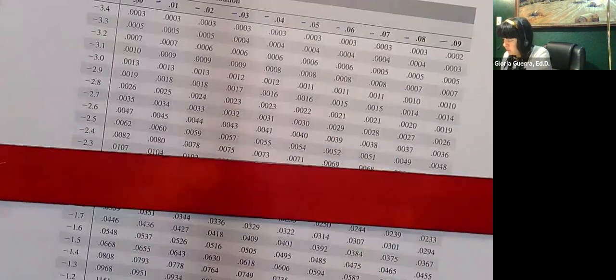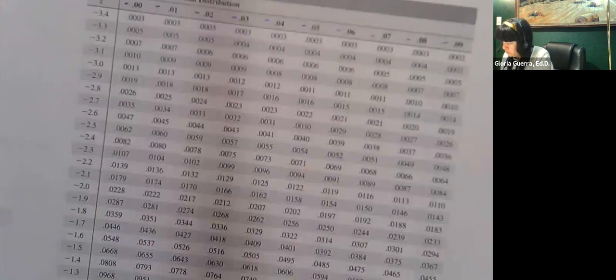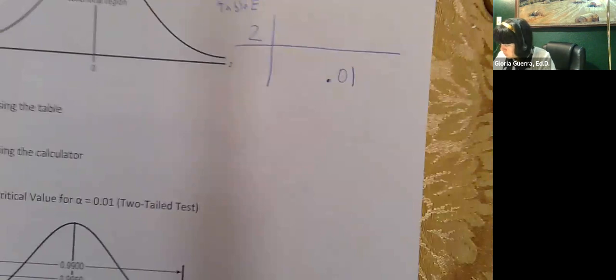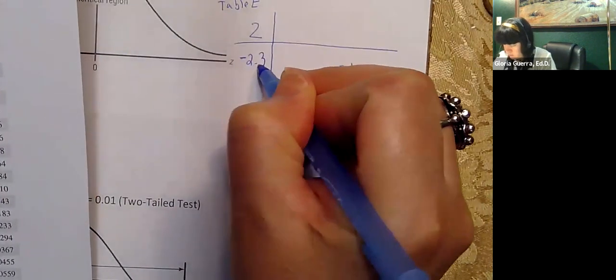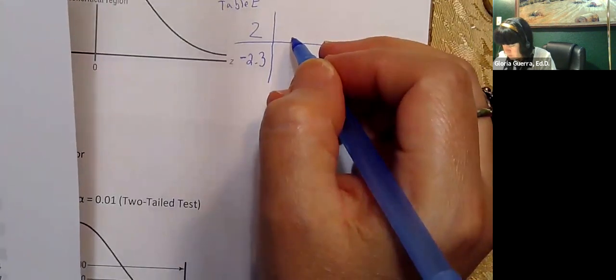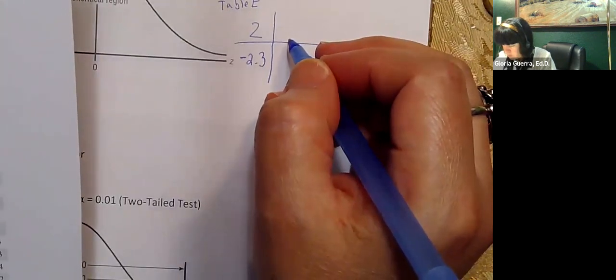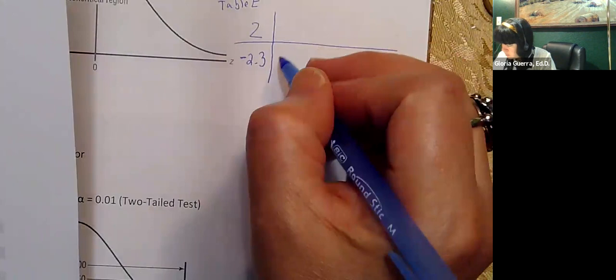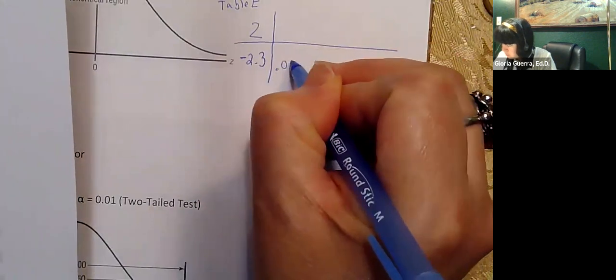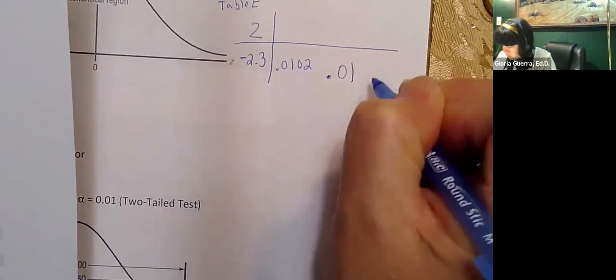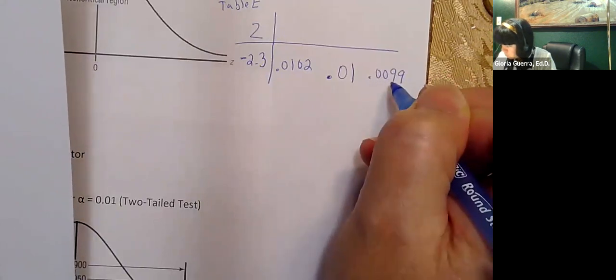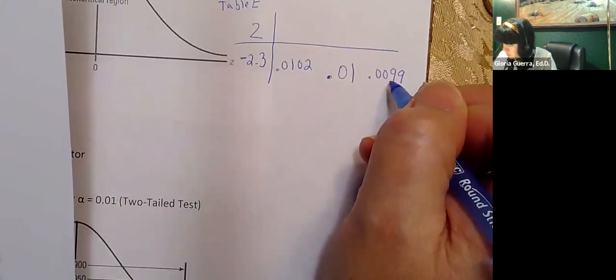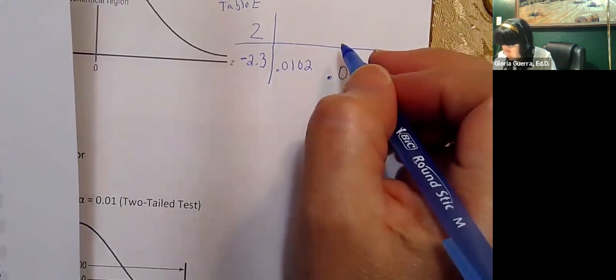So let's see. Negative 2.3: 0.0102 and 0.0099. And this one was negative 0.02.